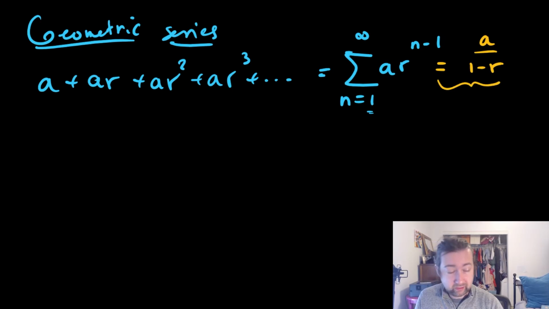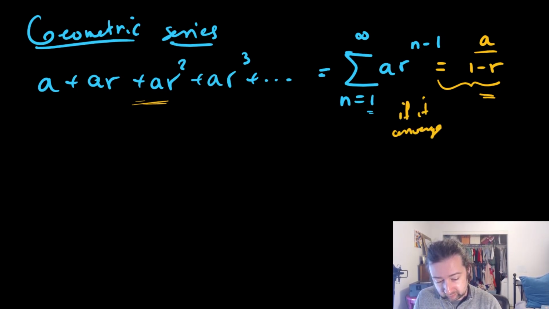I have not proved this yet, but this is an assertion about the structure of these things: that this infinite series converges to this number, subject to certain restrictions on the behavior of r. So if it converges, it converges to this.